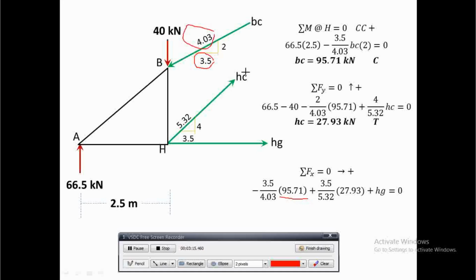The horizontal component of HC is to the right, so positive, plus 3.5 divided by the hypotenuse, multiplied by HC, which is 27.93. Therefore, my HG is equal to 64.75. Again, it turned out positive, therefore my direction is correct. It is away from joint H, therefore it is tension.